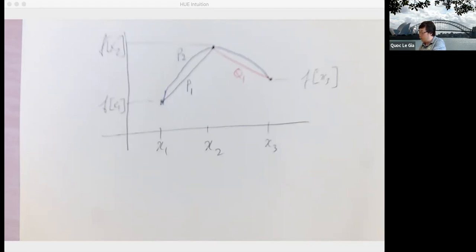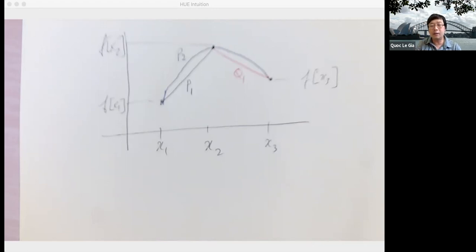So you see the line of P1 and Q1 are different. But now I construct P2. So P2 is Q1, plus the divided difference over x2, x3, x1, and then (x minus x2)(x minus x3). So you see the difference.